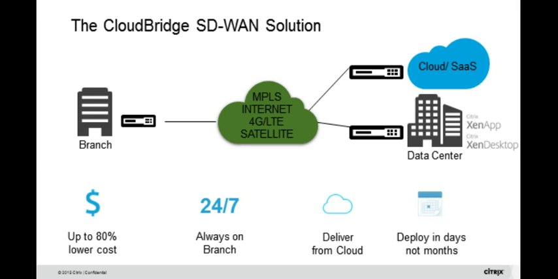And because these enterprises now have multiple connections running from their data centers out to their branch office locations, they have a 24/7 always-on branch because they have multiple connections and assured reliable access. With the ability to run the CloudBridge platforms at cloud service providers, applications can be delivered effectively and efficiently from the cloud out to users in the branch office.